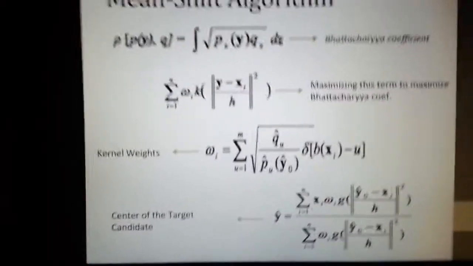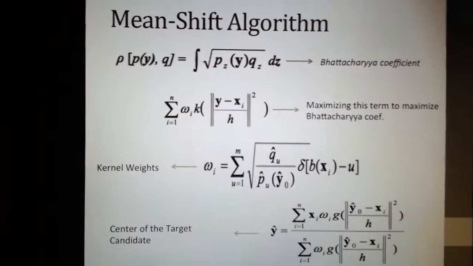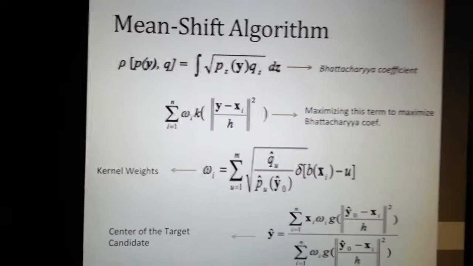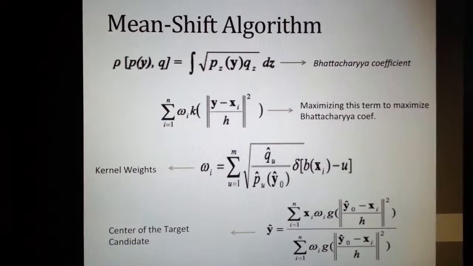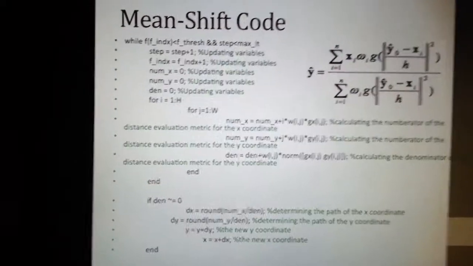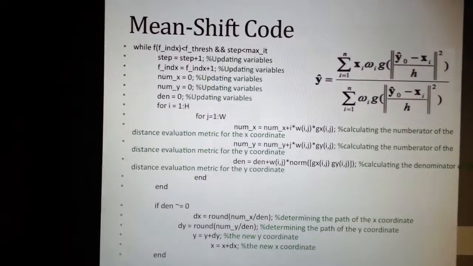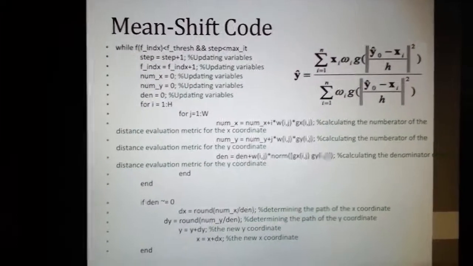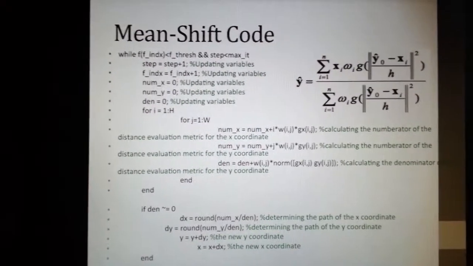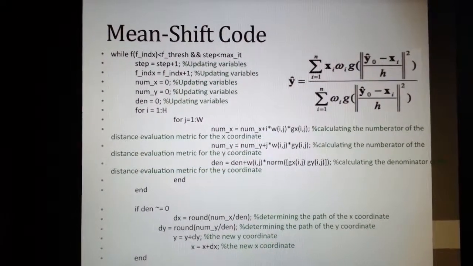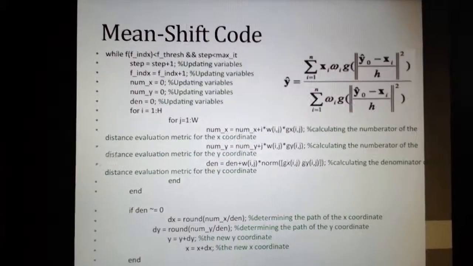And to get a better demonstration of this algorithm in code form, the purpose of this slide is to give the viewer a more in-depth insight into how the mean shift method was implemented in this code.